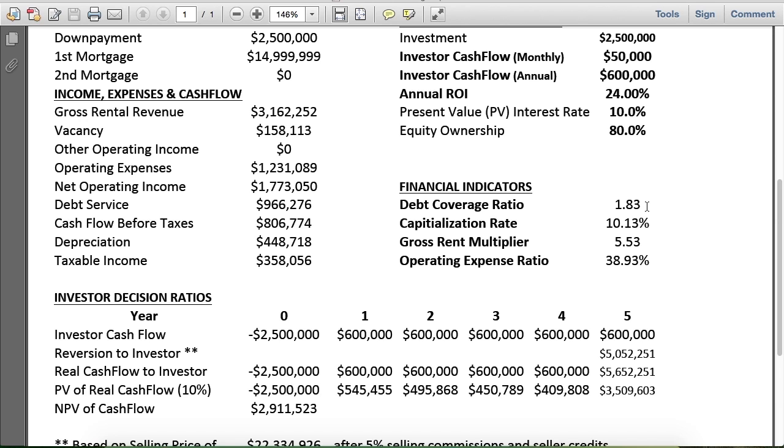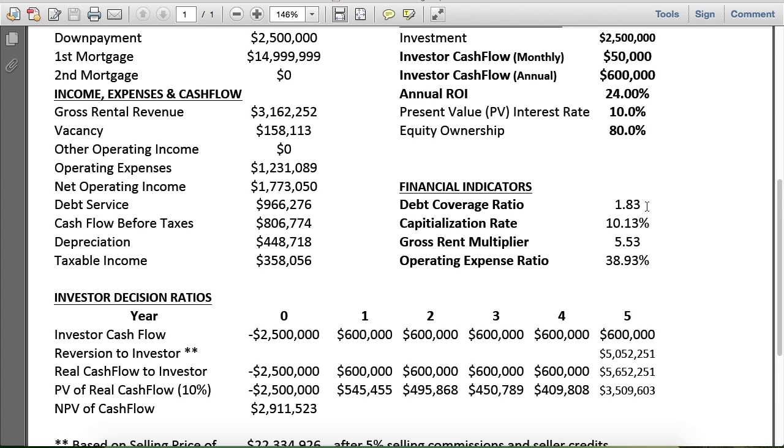So an easy way of thinking of that is just imagine if your personal bills were, let's just say, $1,000 a month. Would you want to loan somebody money? So let's say your friend, his bills are $1,000 a month, and he only collects $1,000 a month. So that would be a 1.0 debt coverage ratio.